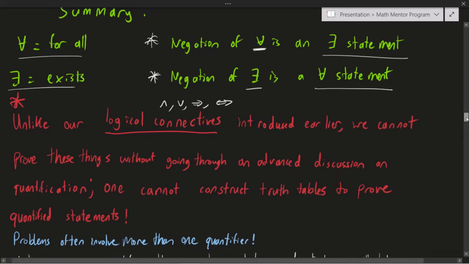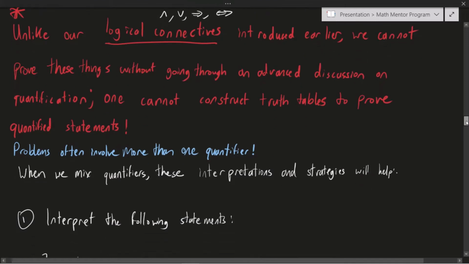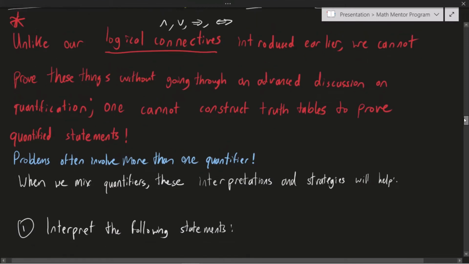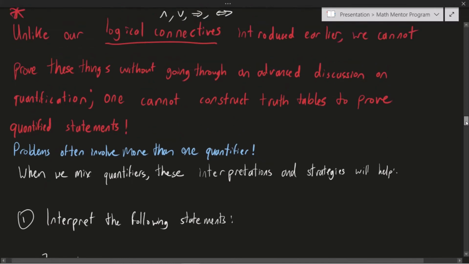Now, in real math, problems will often involve more than one quantifier, and when we mix them together, the interpretations that we have developed above will help a lot. Before we start though, I should mention that when we say things in English, for "for all x" we want to say "for all x, this thing holds."